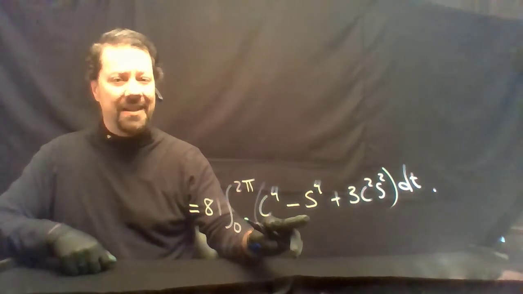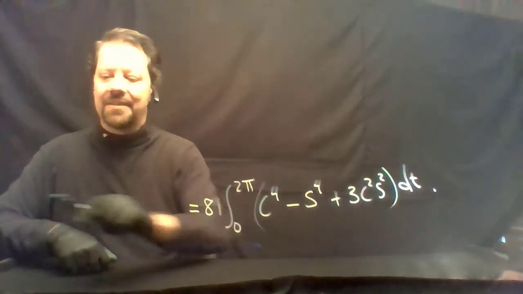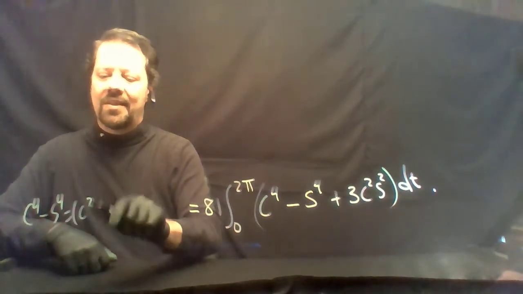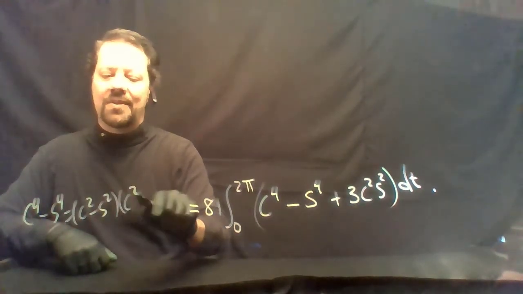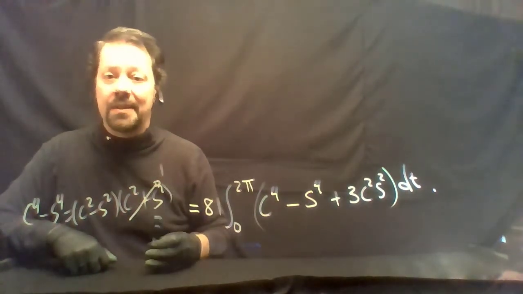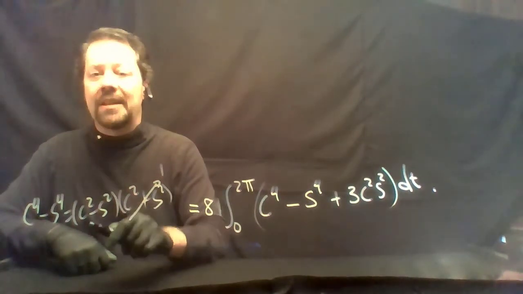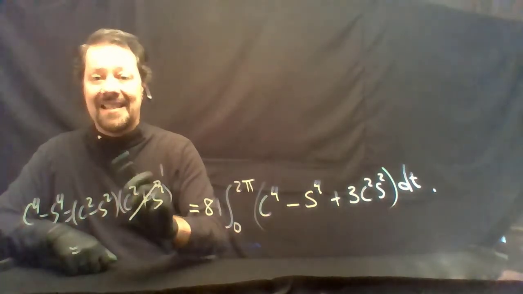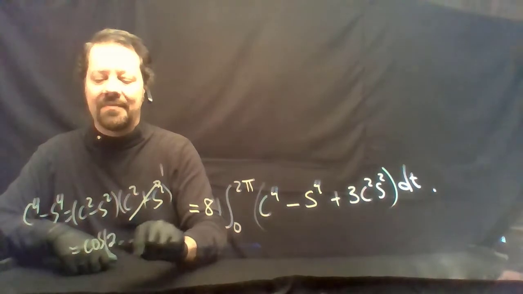Cosine to the 4th minus sine to the 4th is a difference of squares. It's cosine squared minus sine squared times cosine squared plus sine squared. Well, the plus part is the Pythagorean identity. But cosine squared t minus sine squared t is the double angle identity for cosine.